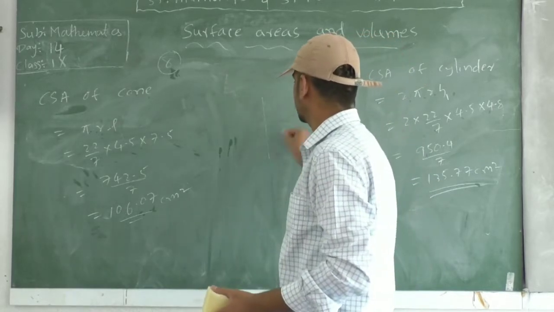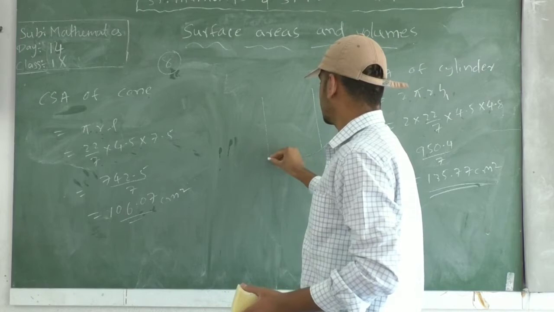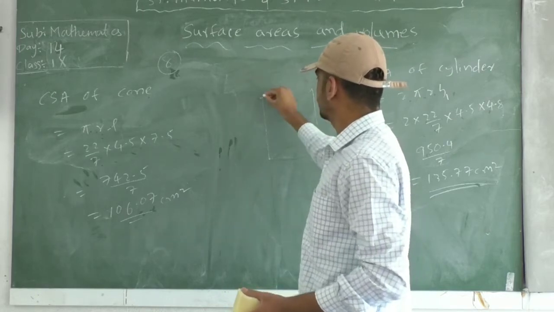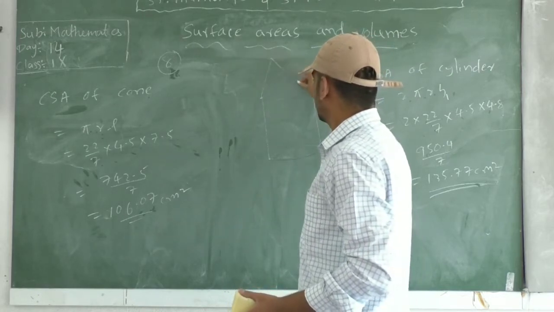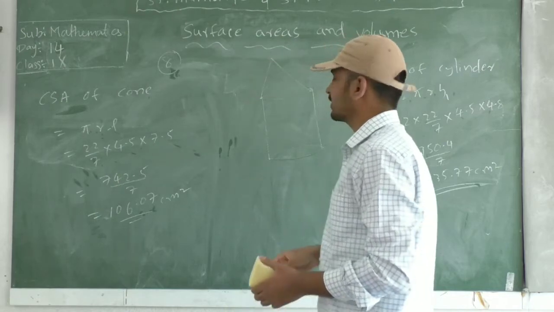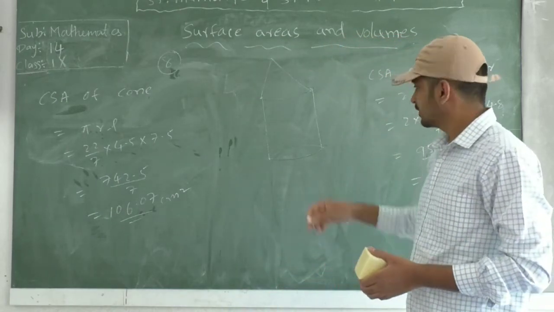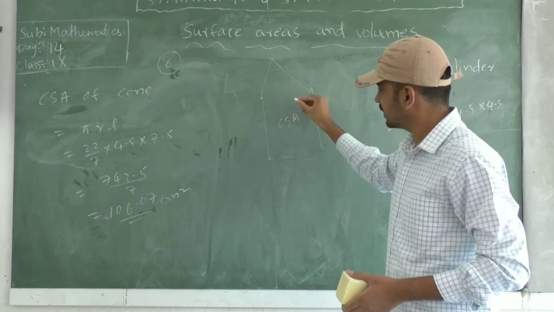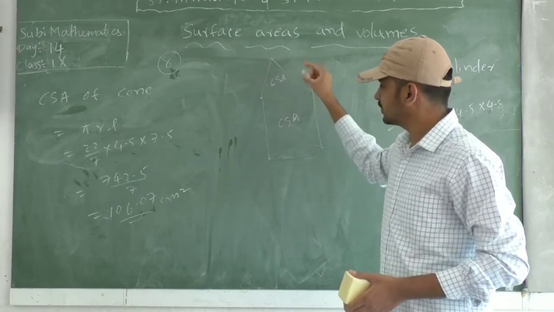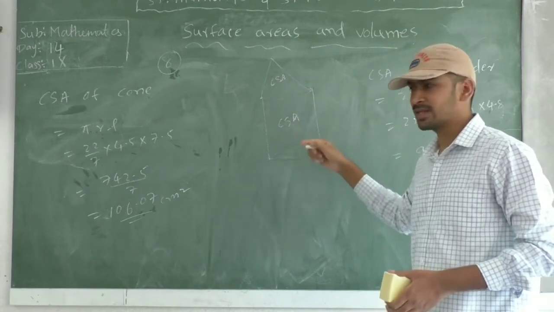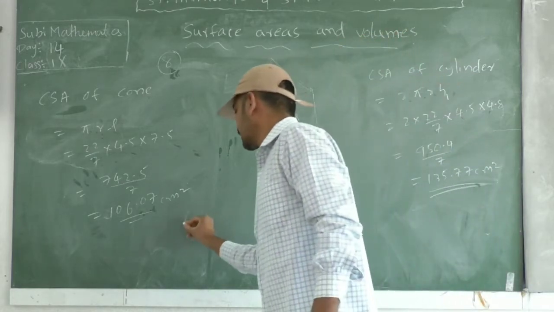So for this, this is our main diagram. What is the canvas cloth required for this? The CSA of cone plus the CSA of cylinder is the area of canvas cloth.